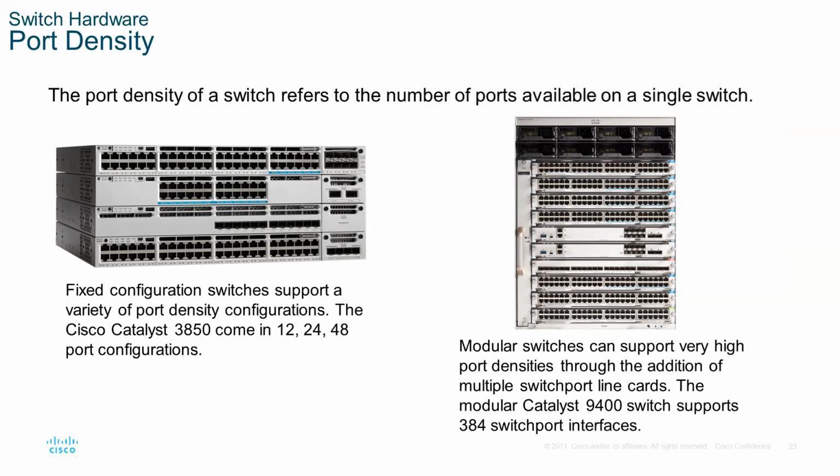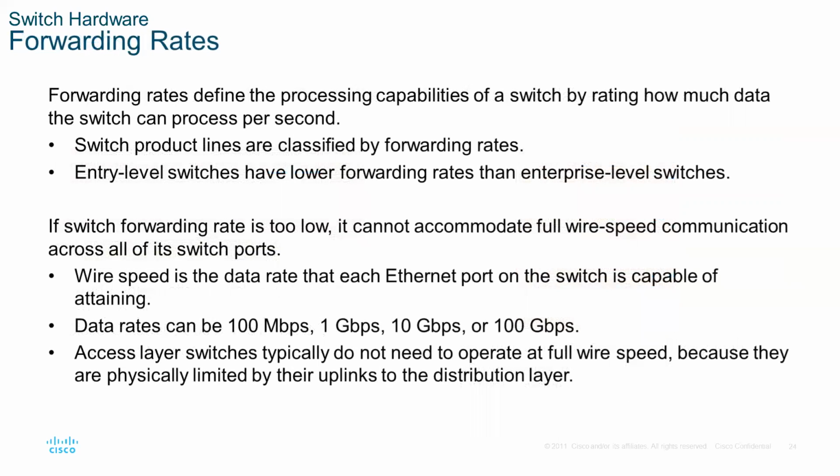Now, one of the things you need to ensure you look at when you're making these choices is the backplane available on these modular switches, because the backplane will determine how much information flow can be supported between the modules. So the overall forwarding rates play a big decision in our selection process.